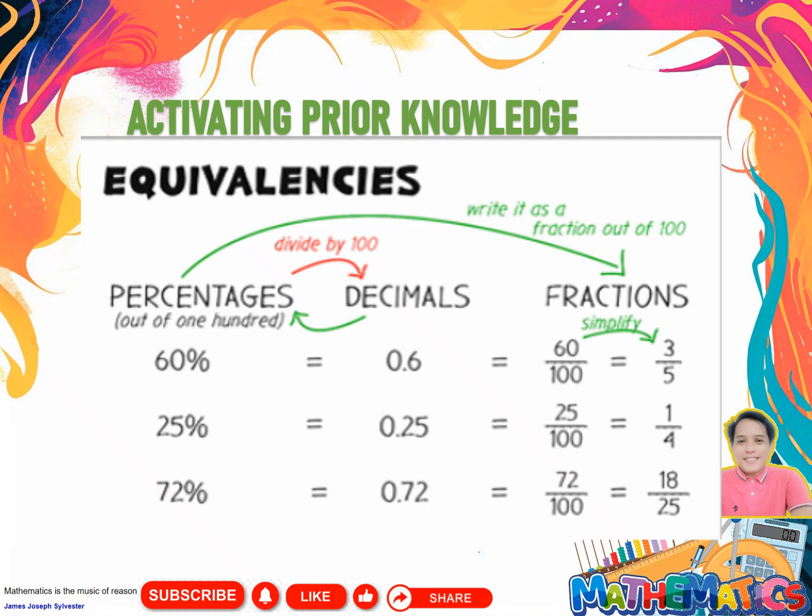The answer in lowest term is 1/4. 72% is 0.72 in decimal form. In fractions, we have 72 over 100, or in simplified lowest term, it is 18 over 25 because we divide both sides by 4.